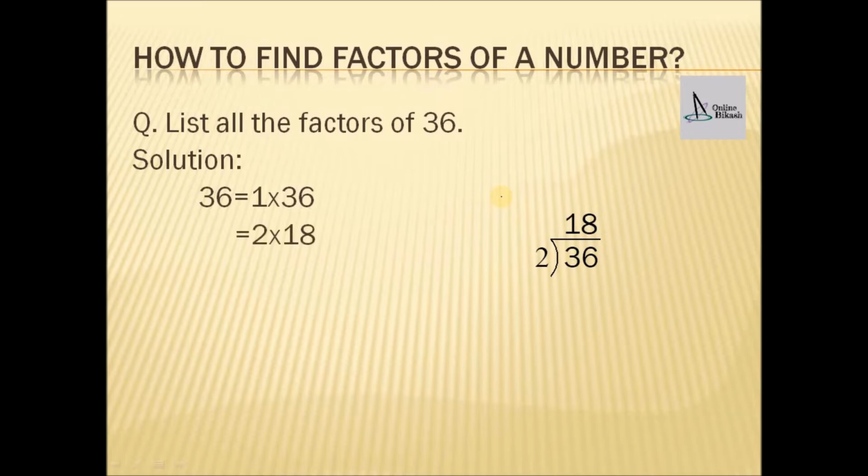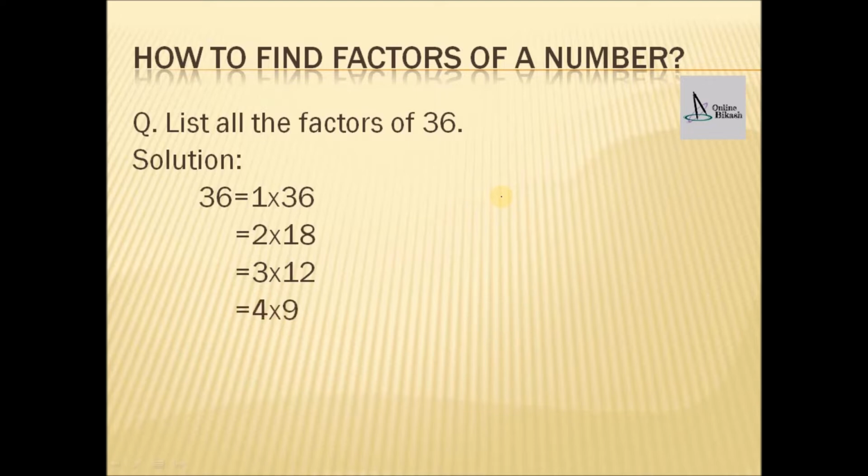Okay? In the same way, by 3 can we divide? Yes. 3 12s are 36. So 3 into 12. Similarly, 4 9s are 36. Okay, that's why we can write 4 into 9.